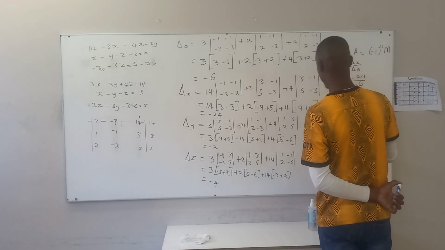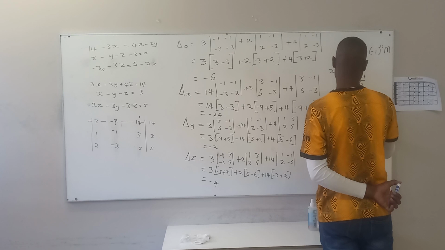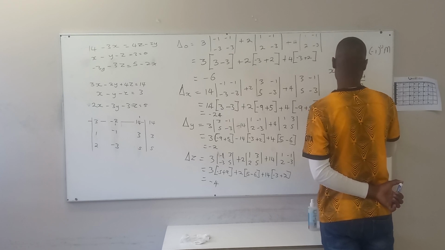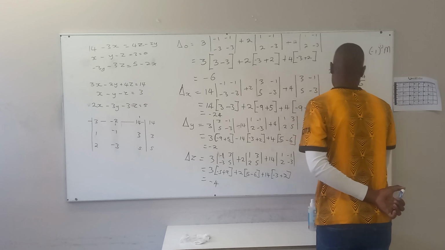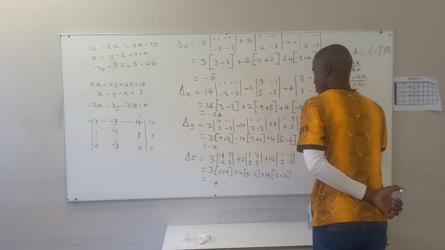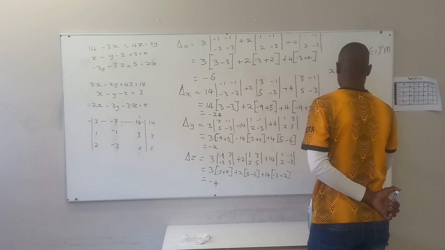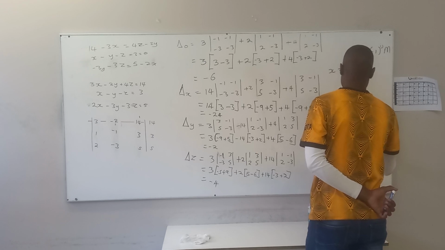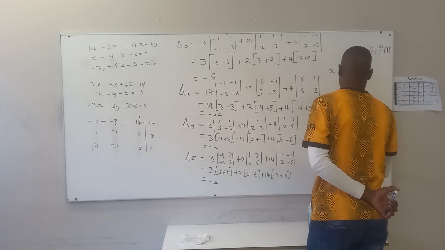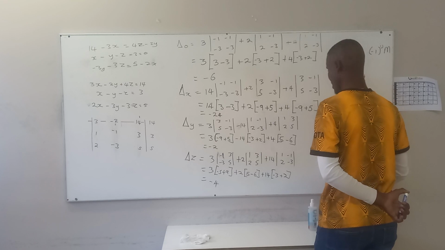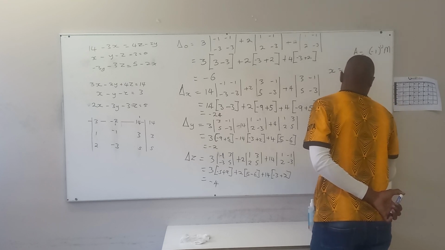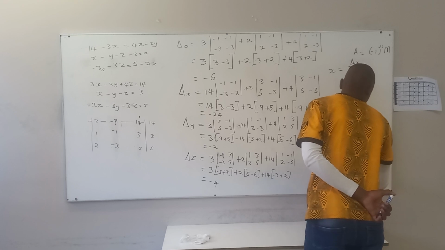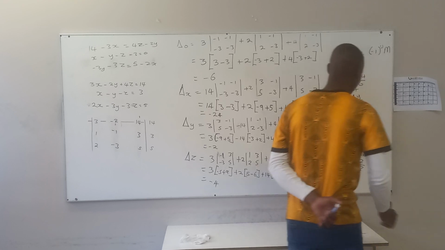Delta y is equal to negative 2 divided by negative 6. This is equal to 1 over 3. Then z is equal to delta z divided by delta naught. Delta z is negative 4 and delta naught is negative 6. This is equal to 2 over 3.